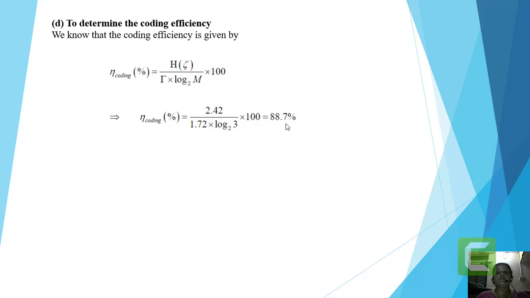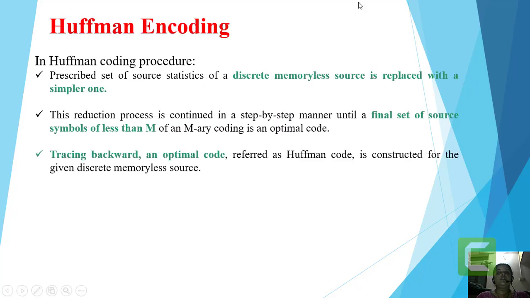Now we will go towards the second type of source coding, that is Huffman coding. In Huffman coding, the general steps are that the given set of source statistics of the discrete memoryless source is to be replaced with a simpler one.